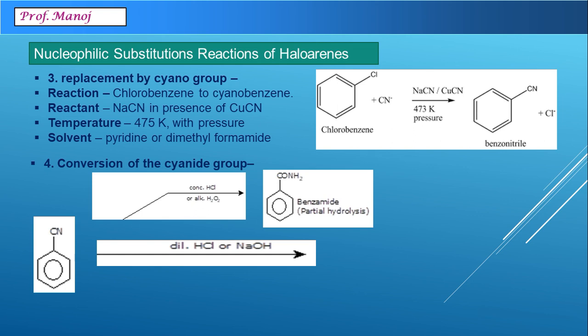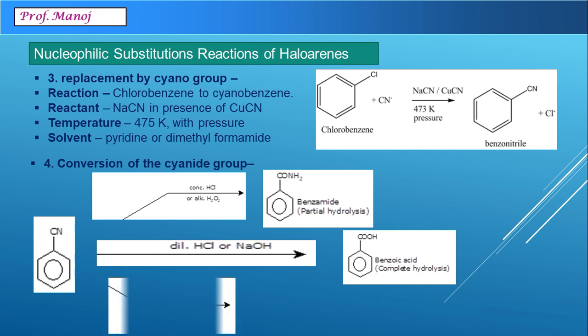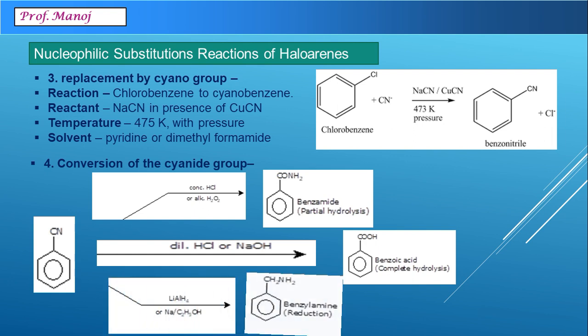Instead, if I do a vigorous hydrolysis of it, we convert it into benzoic acid. And if you try to reduce it, you will get benzyl amine. So the compound cyanobenzene can be converted into either benzamide, benzoic acid, or benzyl amine.